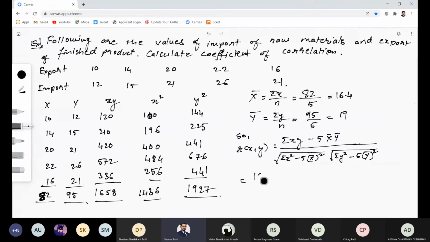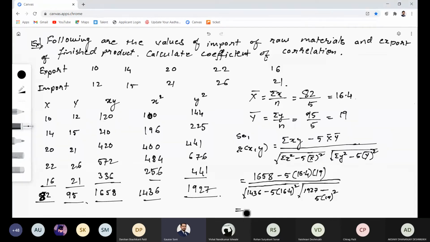So this is 1658 minus 5 into 16.4 into 19, upon under root 1436 minus 5 into 16.4 square, into under root 1927 minus 5 into 19 square. Let's do the calculations.